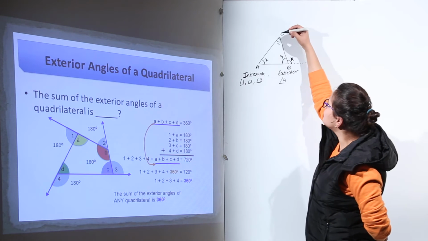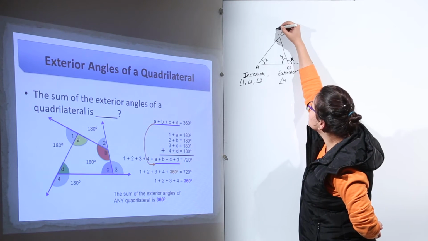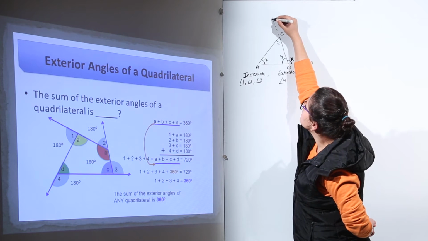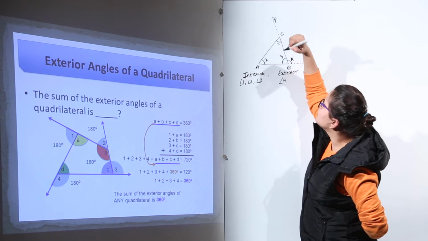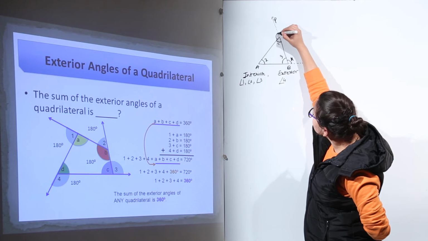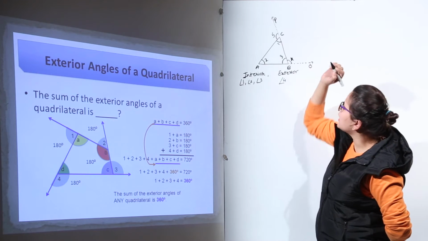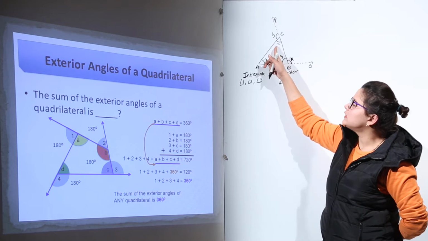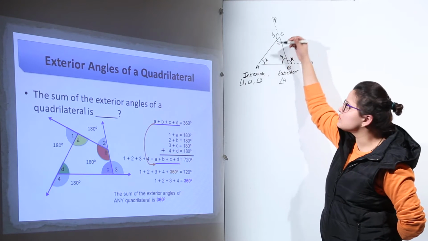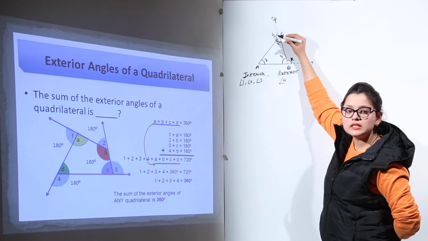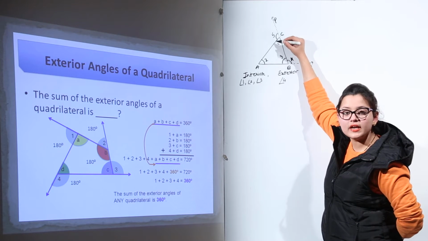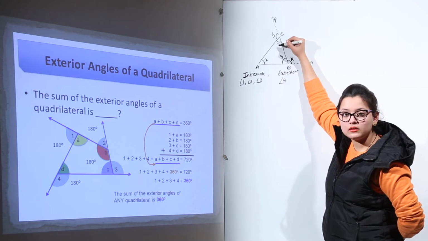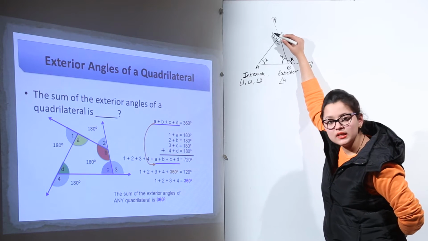Now similarly, if I extend BC to some point, say P, that makes another angle called angle 5. Even angle 5 is an angle of this polygon, because it is formed with the sides of this polygon only, but it is lying outside the polygon.